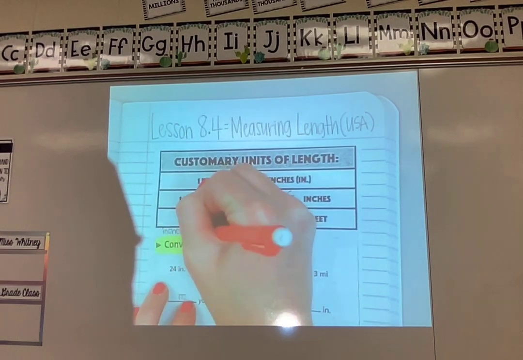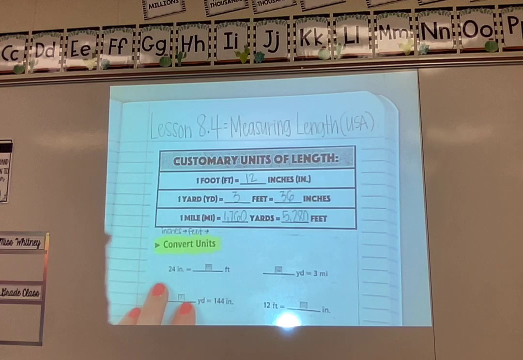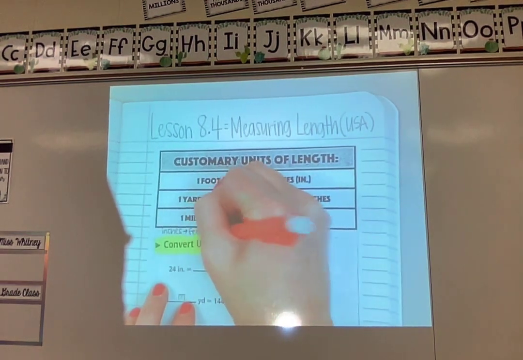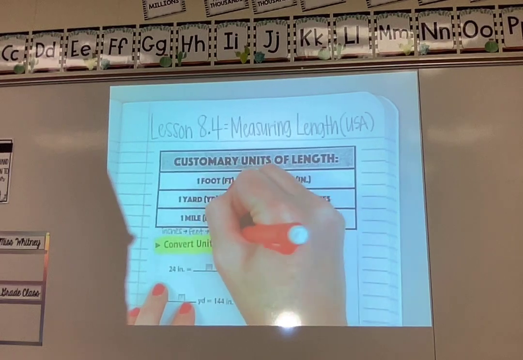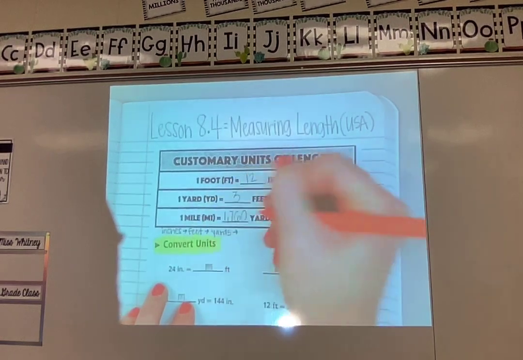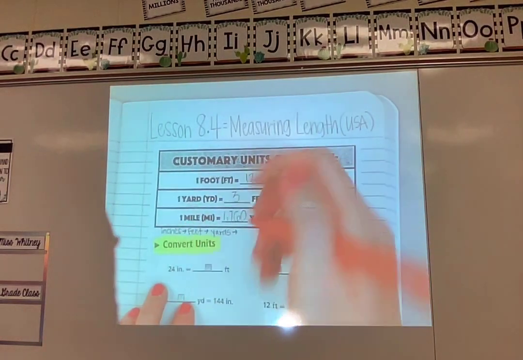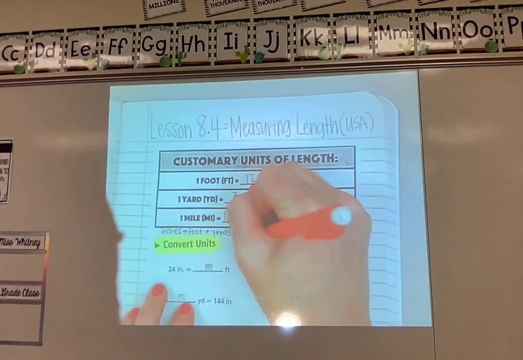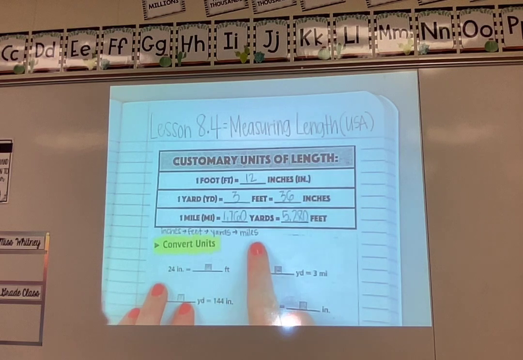So we have inches, a little bit bigger would be feet. The next bigger would be yards. Getting a little bit bigger. And then the biggest, if I want to measure a long distance, it's going to be the mile. So inches is the smallest all the way up to miles, which is our biggest.